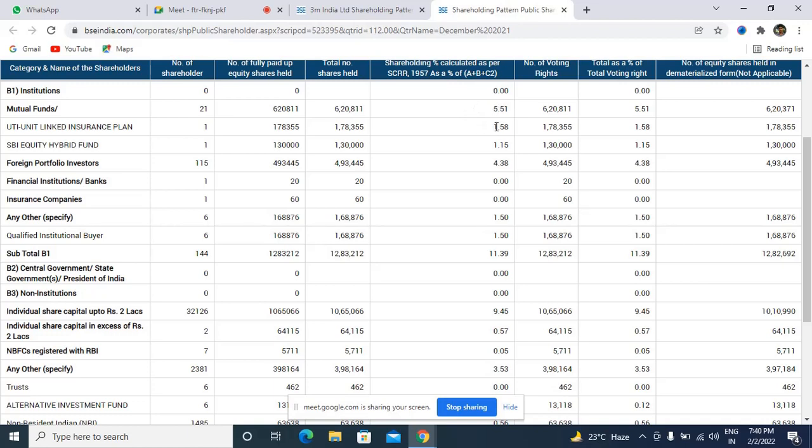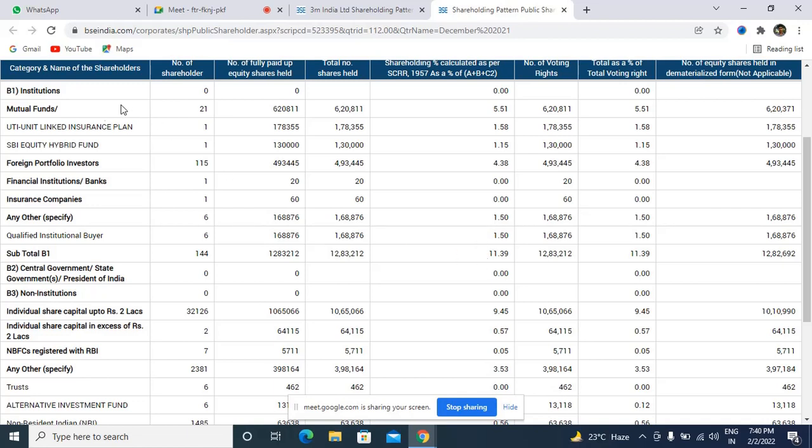Here UTI holds 1.58%. SBI equity hybrid fund holds 1.15%. Foreign portfolio investors, I told you about it sometime back, right? FPI, foreign portfolio investors, 4.38%. Others specified, putting it all together, 1.50. Qualified institutional buyer, 1.50.